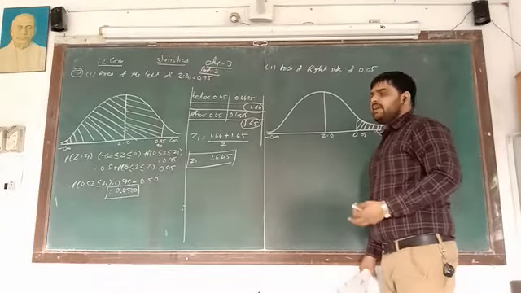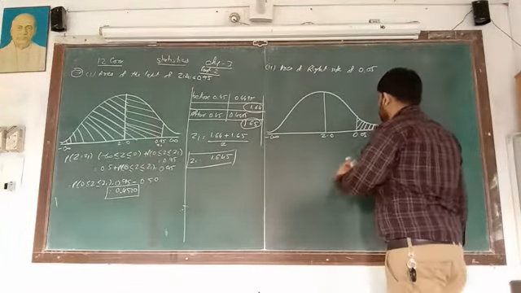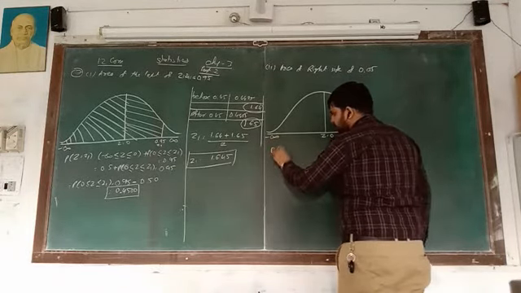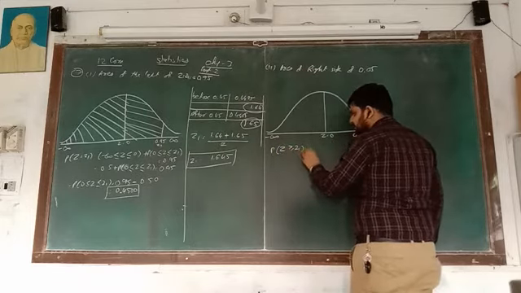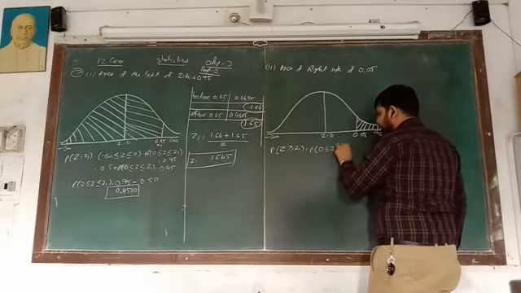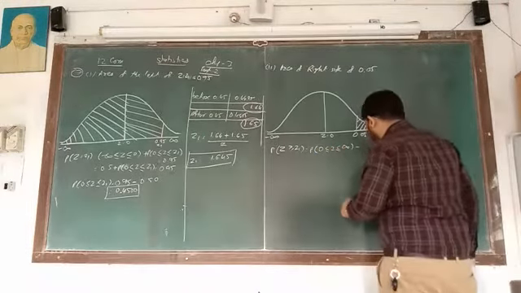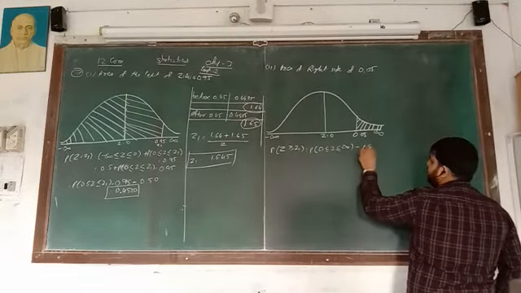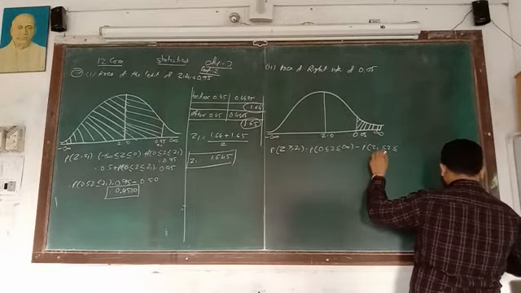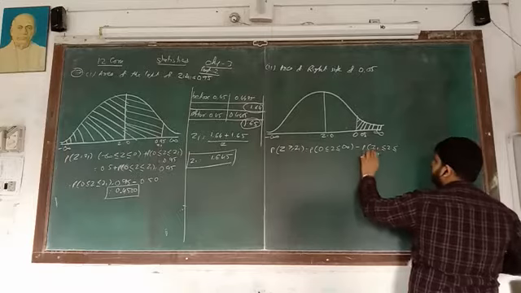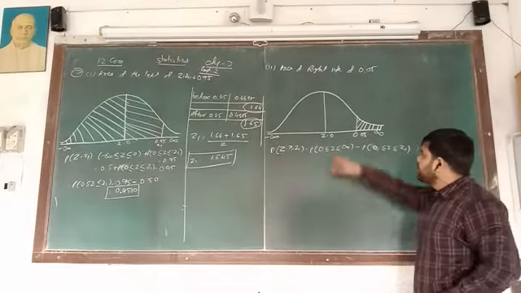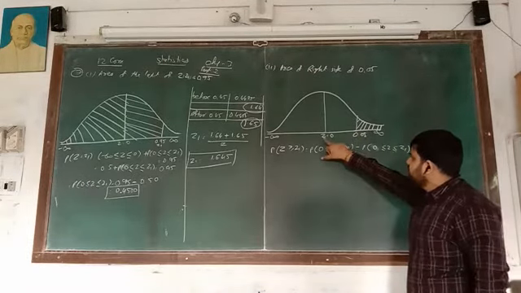Now it is easy to find. The probability P(Z up to Z1) is the probability of 0 to plus infinity minus the probability of 0 to Z1. So 0 to plus infinity minus 0 to Z1.